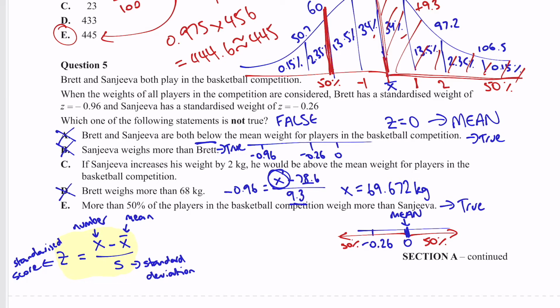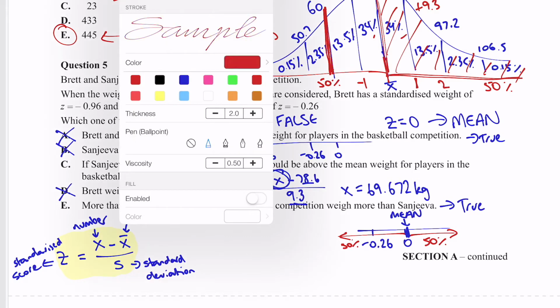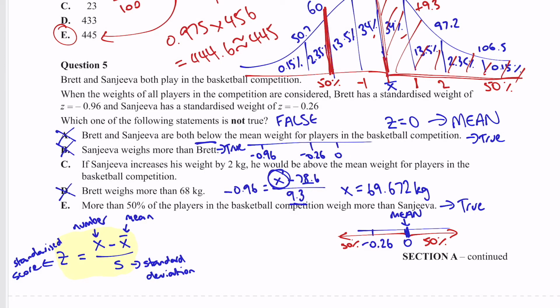More than 50% of players is anything from here onwards. So that's obviously more than 50% here, as this is 50% plus an extra small percentage here. So yes, more than 50% of the players in the basketball competition weigh more than him.